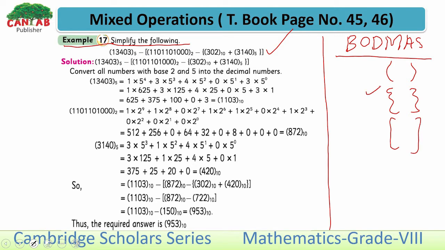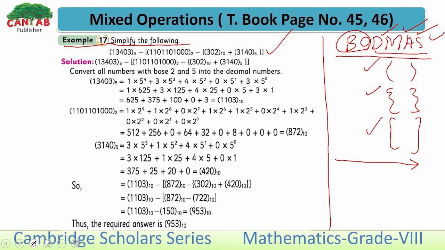These are curly brackets, these are round brackets, these are square brackets. And then apply DMAS: first division, then multiplication, then addition, and then subtraction, following the operations in the expression from left to right.